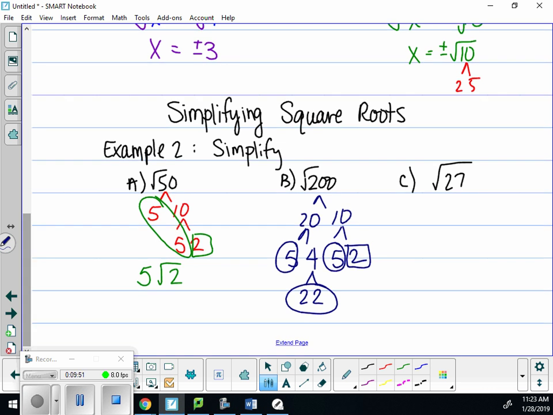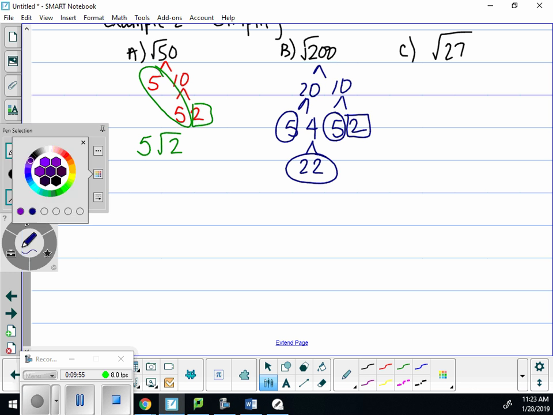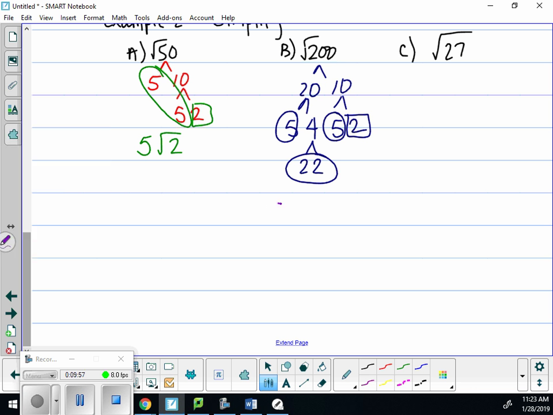So we had a pair of 5s, a pair of 2s, and a 2 left over. So I would write this as 10 times the square root of 2. And again, you can check it because what would 10 squared be? 10 times 10 is 100, times 2 would be 200, which is what we started with.